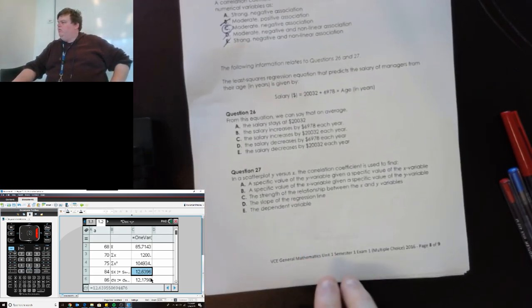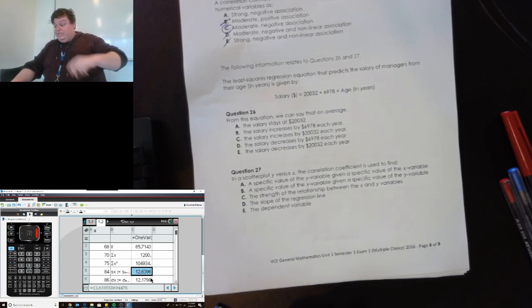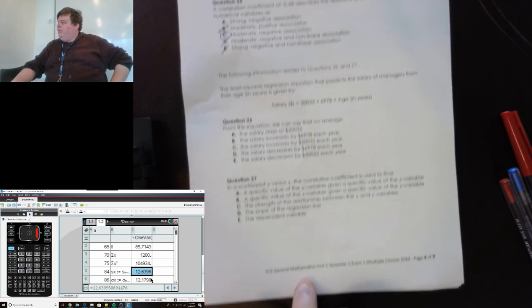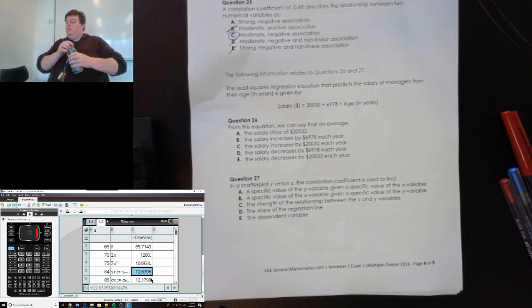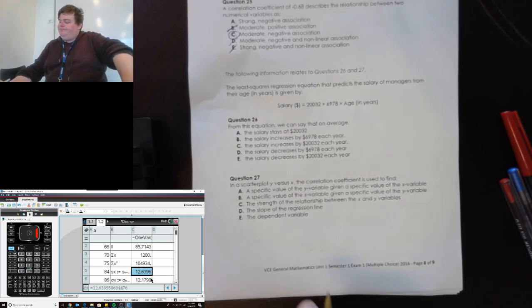We'll go to this one, which talks about the least squares regression line. It says that the least squares regression line that predicts the salary of managers from their age is given by this equation underneath. From this equation, we can say that on average, which of these things? So on average, the salary stays at that value.